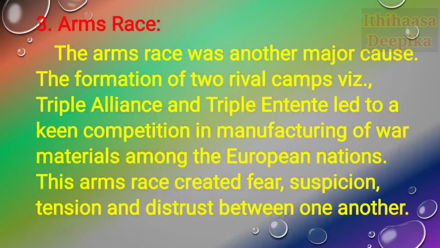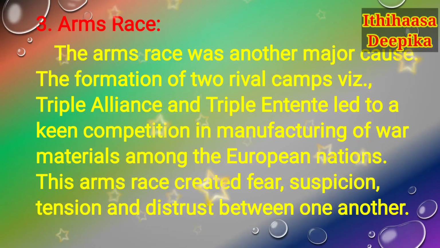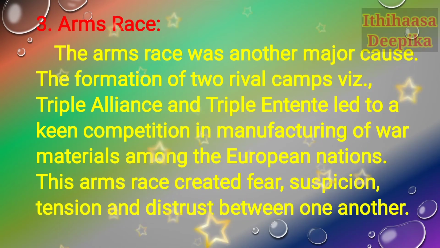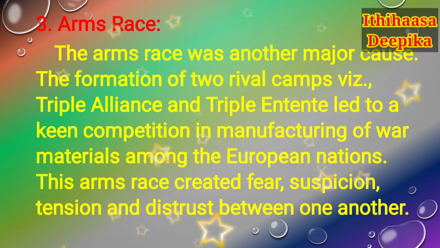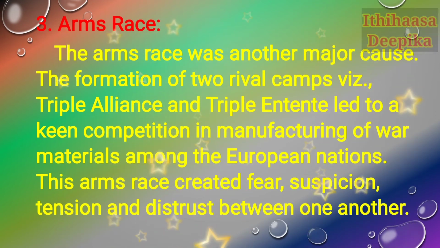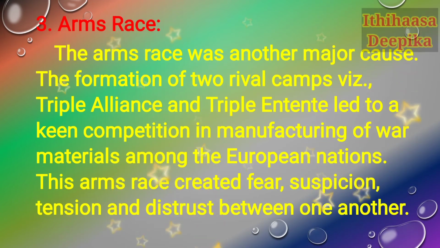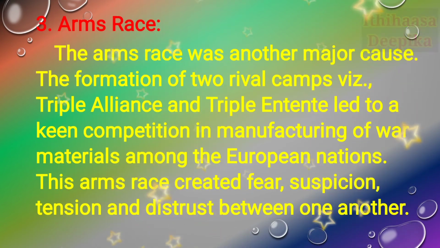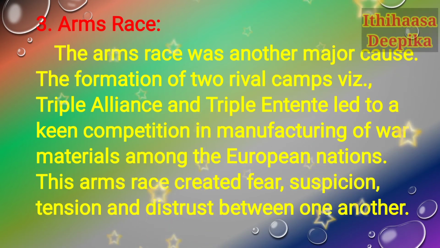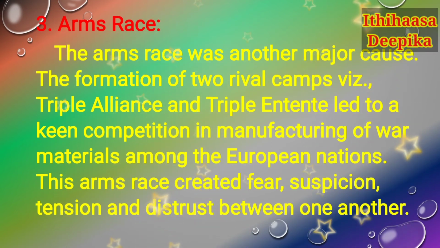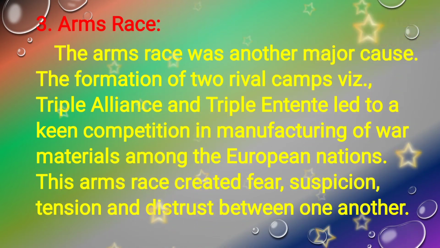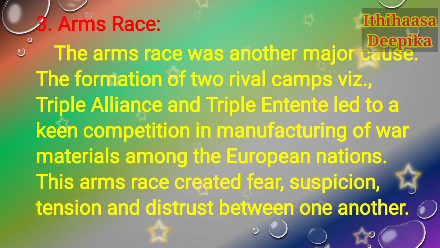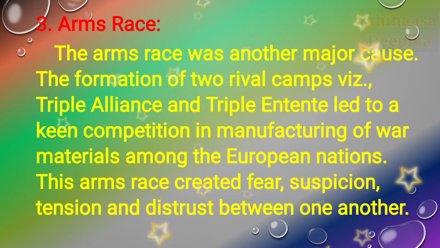Then third one, arms race or armament race. The arms race was another major cause. The formation of two rival camps, namely Triple Alliance and Triple Entente, led to a keen competition in manufacturing of war materials among the European nations.